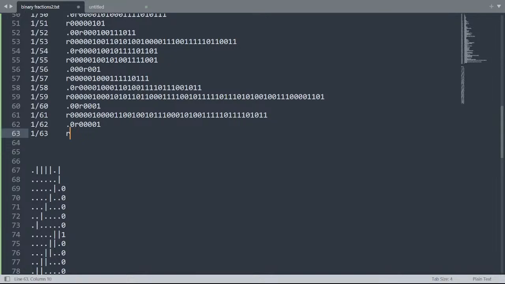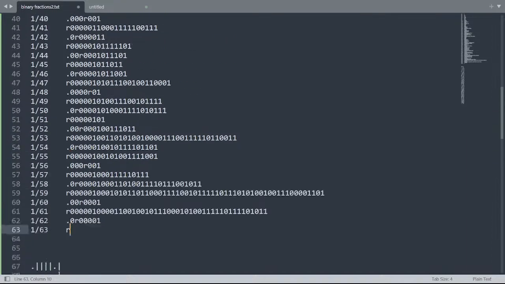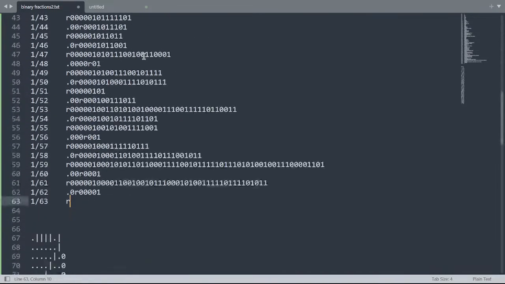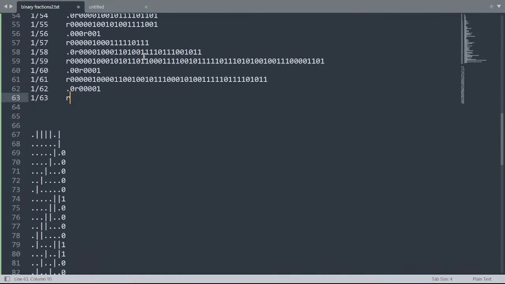It's rep 1. Hold on. Yeah. It's rep 1 in base 64. So, hold on. 64. Okay. 1, 2. Okay, this is 4. This is 256. 64 is right here. In base 64, this is 1 digit.